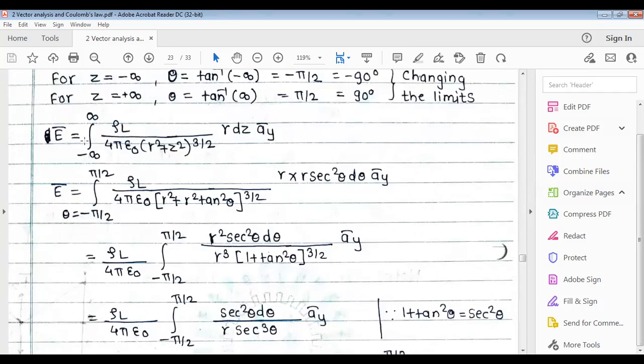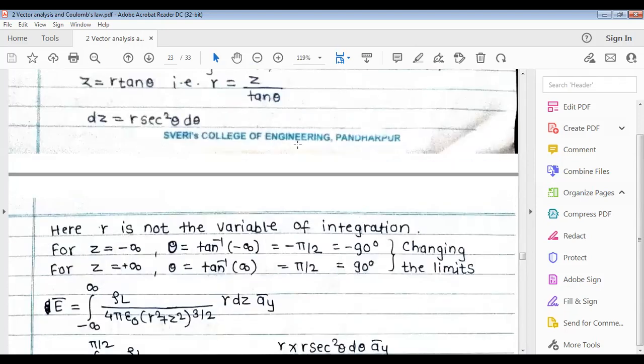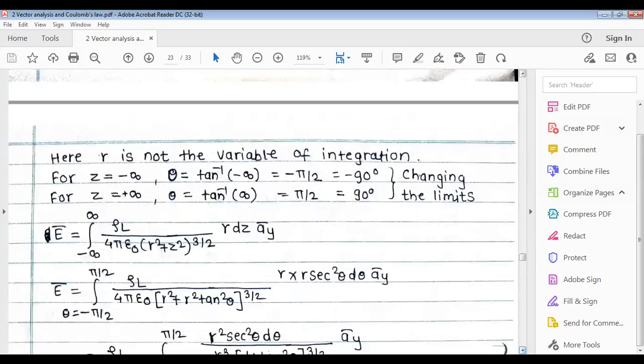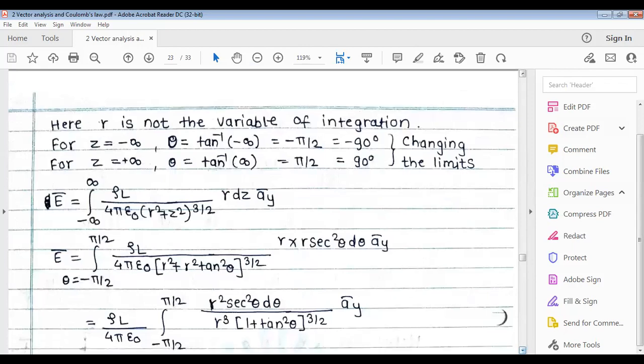Actually, the equation for E bar is equal to the integration from minus infinity to plus infinity of rho l divided by 4 pi epsilon 0 into r square plus z square raised to 3 by 2 into r dz a bar y. This equation is written from the above equation only. You can see this equation and the below equation are the same. Now we are changing the limits.